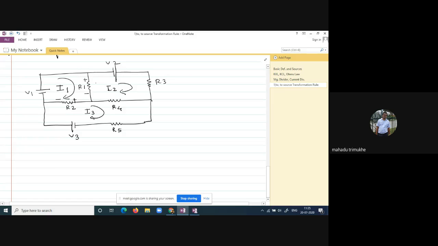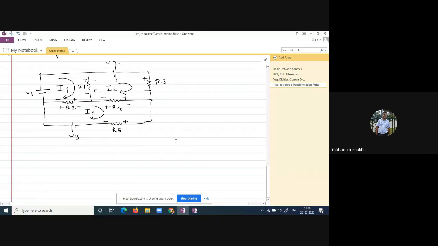For the second loop I2, R1 positive to negative, R3 positive to negative, and R4 again positive to negative. Then for the third loop, R4 and here again positive to negative. For convenience you have to assign the polarity of the resistor or each element.